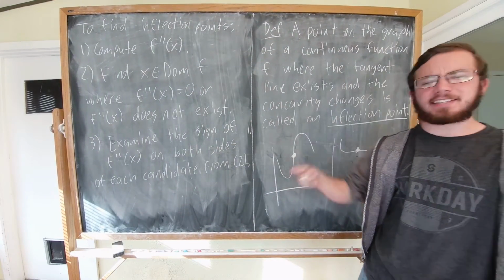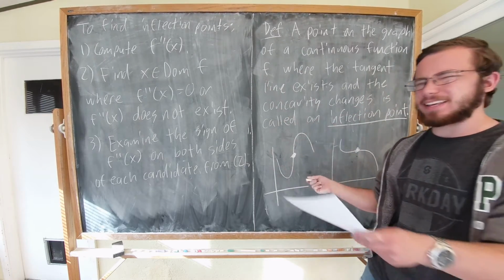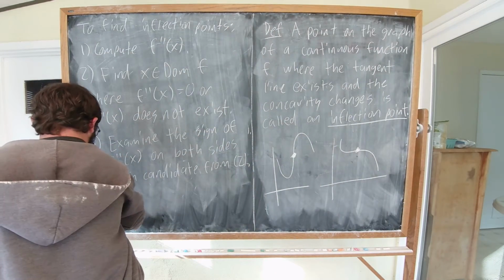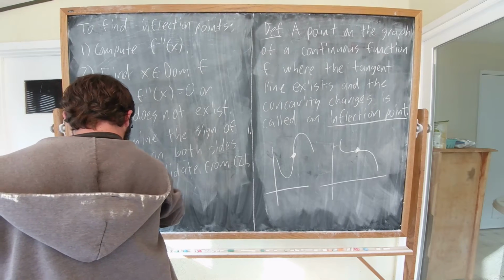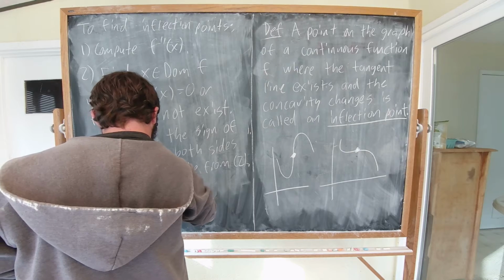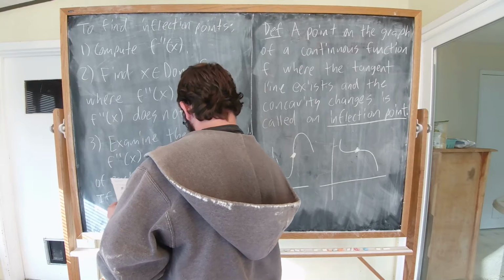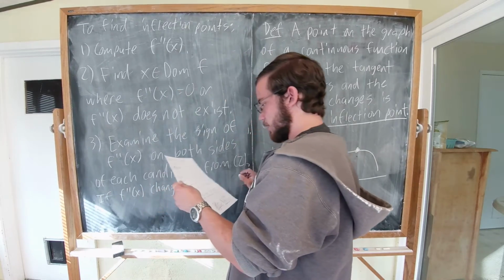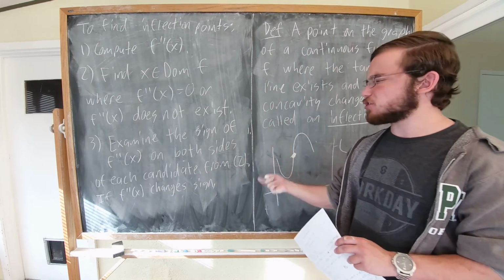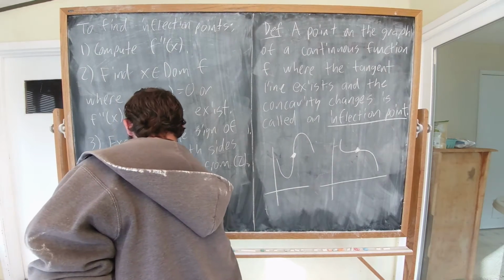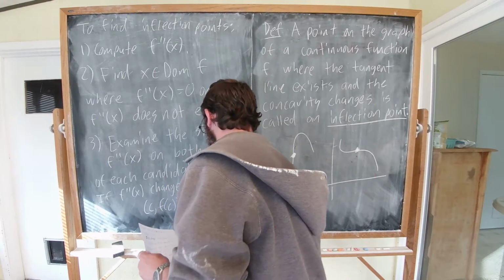If there's a change in sign, it doesn't matter which change in sign, positive to negative or negative to positive, either one gives you an inflection point. So if f double prime of x changes sign, then c, f of c is an inflection point.